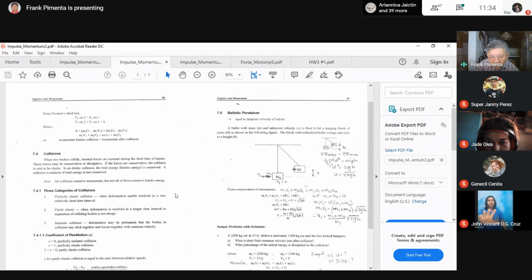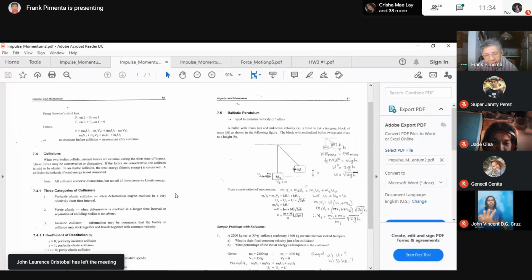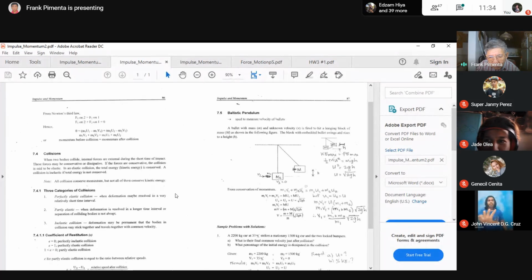It is equal to 1/2 mU squared, where U is the final common velocity. This is equal to the maximum potential energy at maximum height, so it is mgh, where h is the maximum height. This is the distance from the zero elevation to the highest position the block will reach.